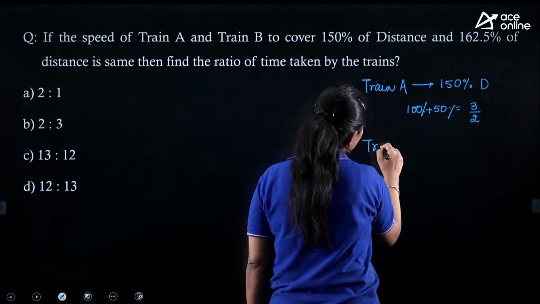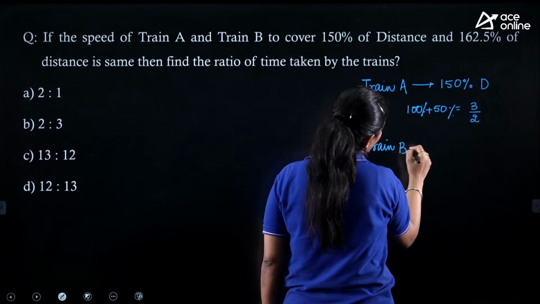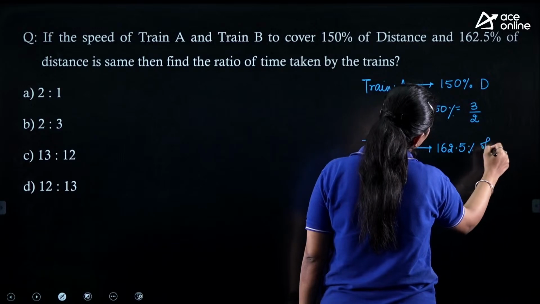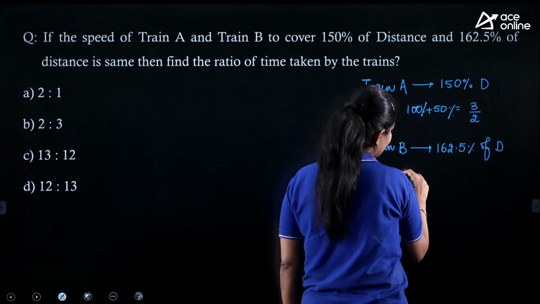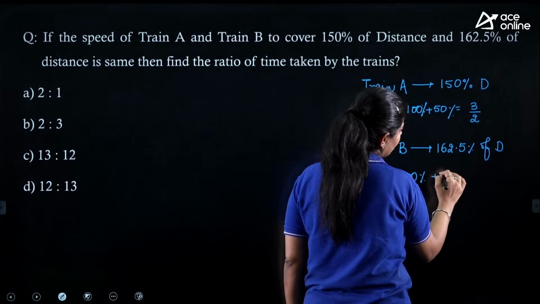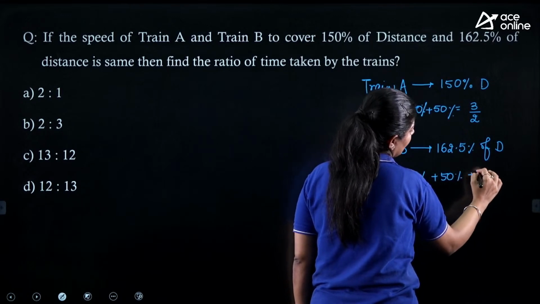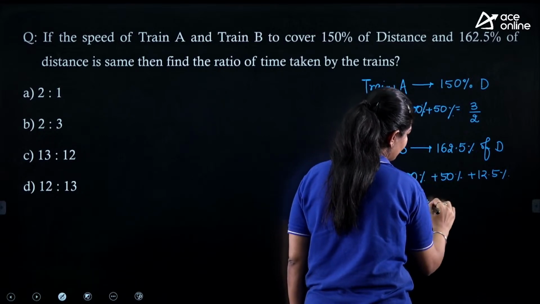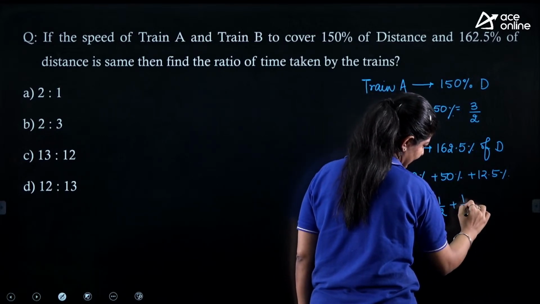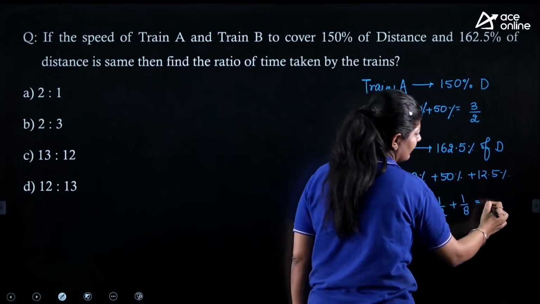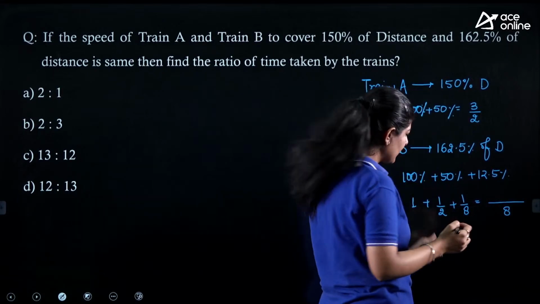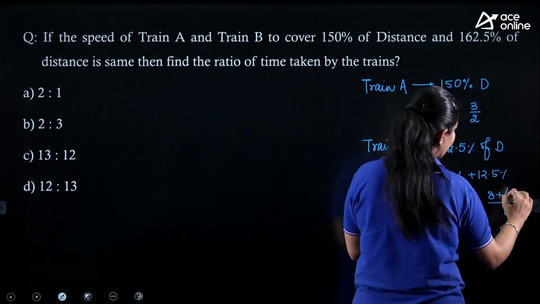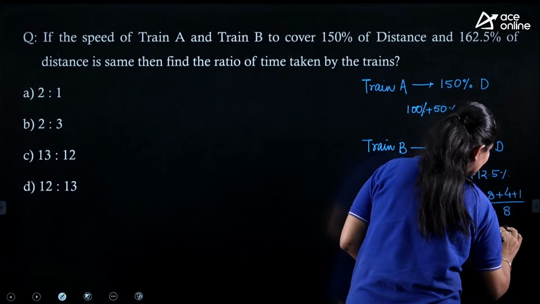For train B, we have 162.5% of the distance, which we can break up as 100% plus 50% plus 12.5%. This can be written as 1 plus half plus 1 by 8. When you solve it, you take the LCM as 8. So we get 8 plus 4 plus 1, that means 13 by 8.